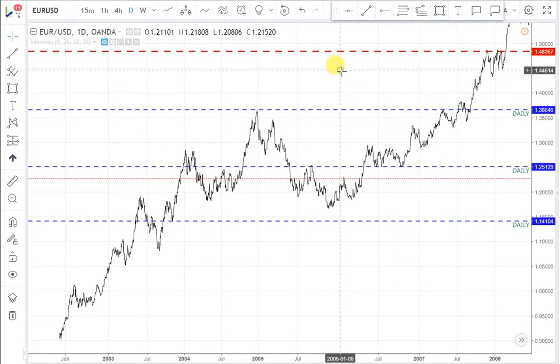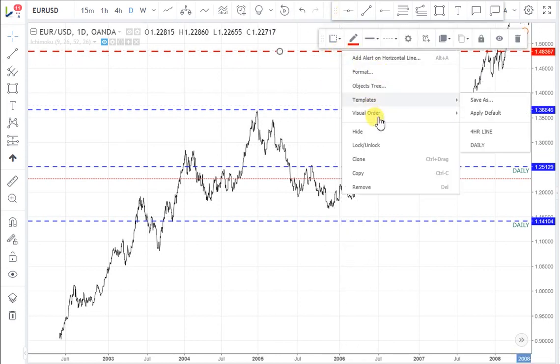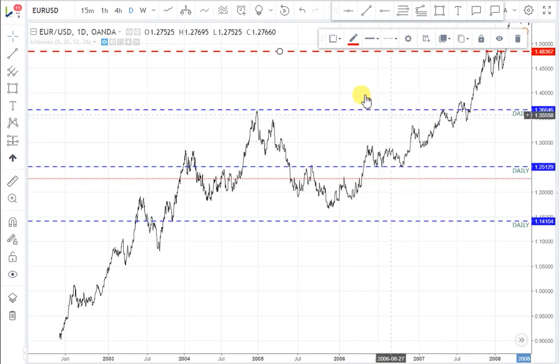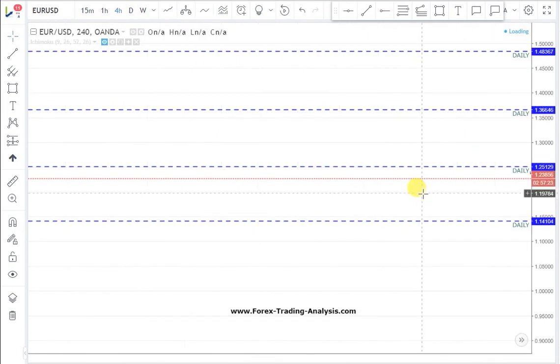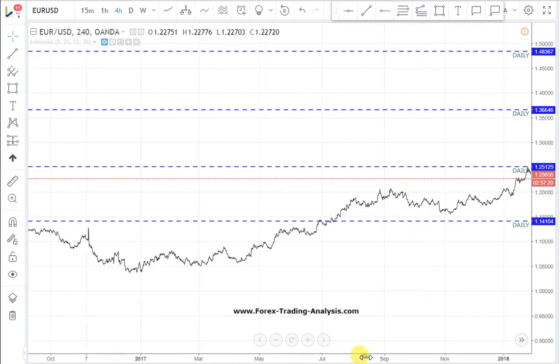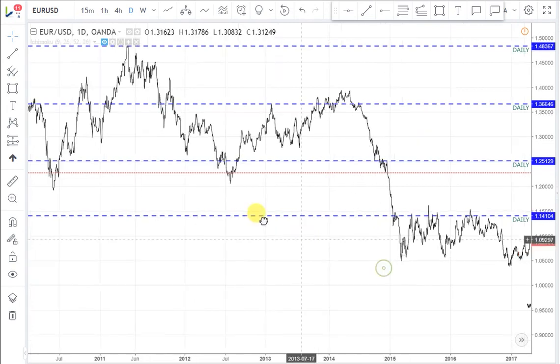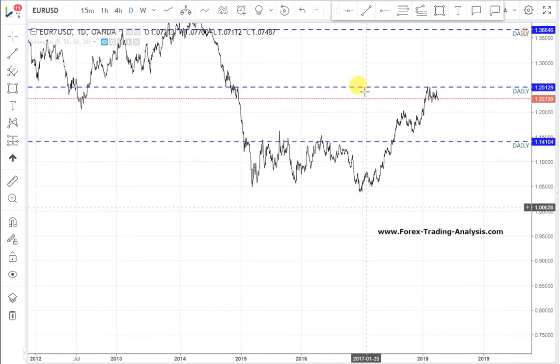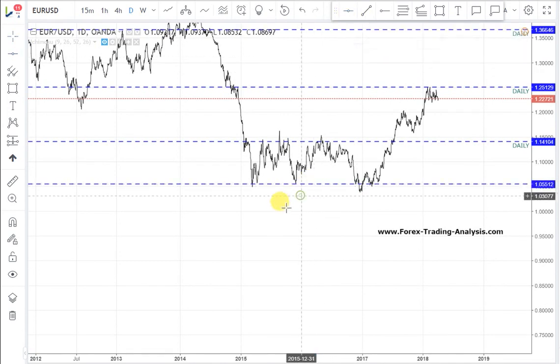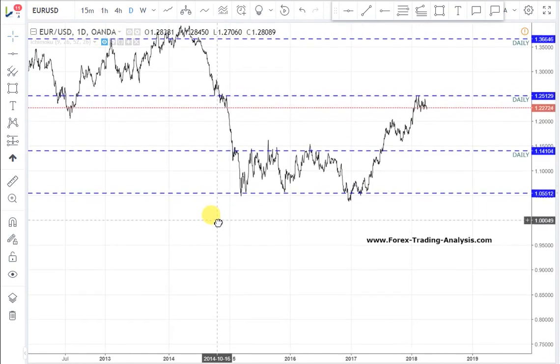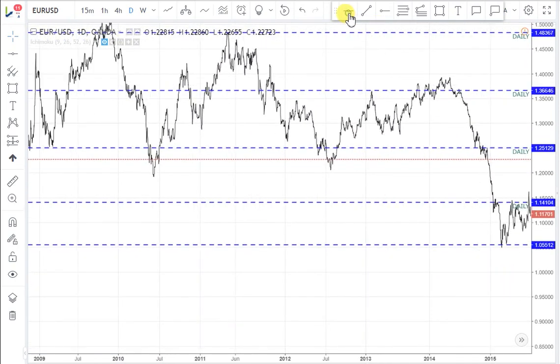So we can ultimately do the same thing, add some more lines, more levels, add some other levels here just on a daily time frame where we can look at that may better fine tune some trading opportunities.